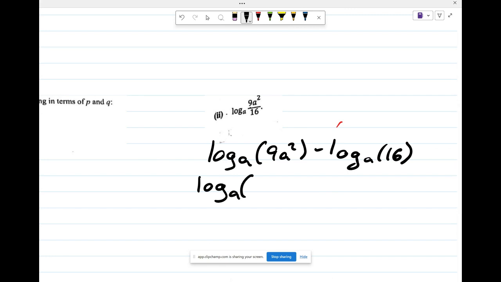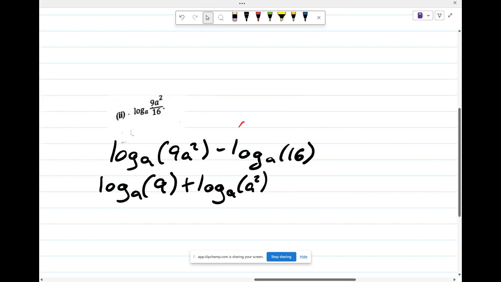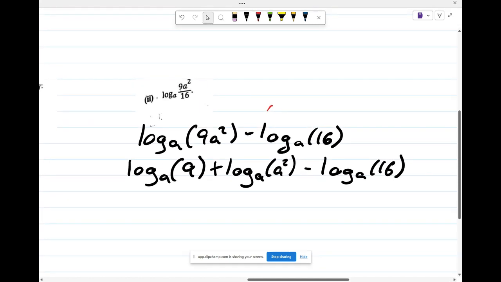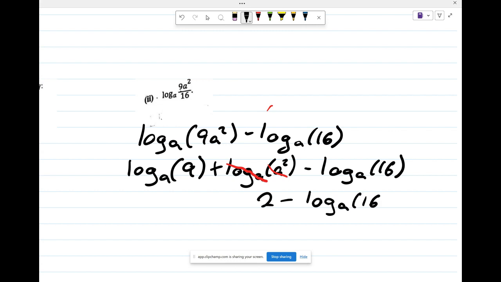So log to the base a of 9 plus log to the base a of a squared, minus log to the base a of 16. So now we have everything laid out. We can see that this one straight away, log to the base a is going to be the opposite of a to the power of anything. So that's just going to leave us with 2.